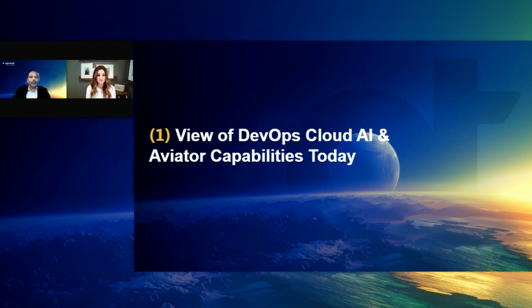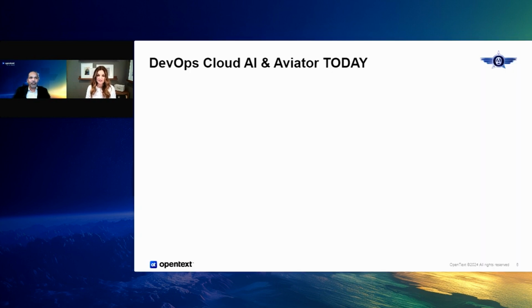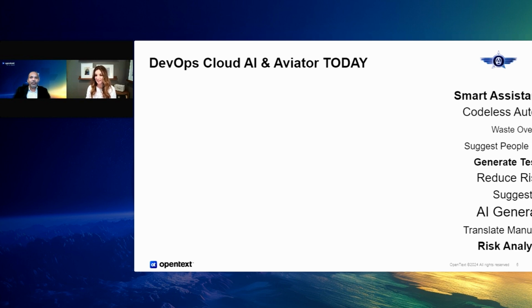First, I want to give you just a quick, singular view of what we have in DevOps Cloud, AI and Aviator today, right now. If you don't know already how deep and wide our capability is, I'm going to show you something. Now you know. It's kind of an eye chart.